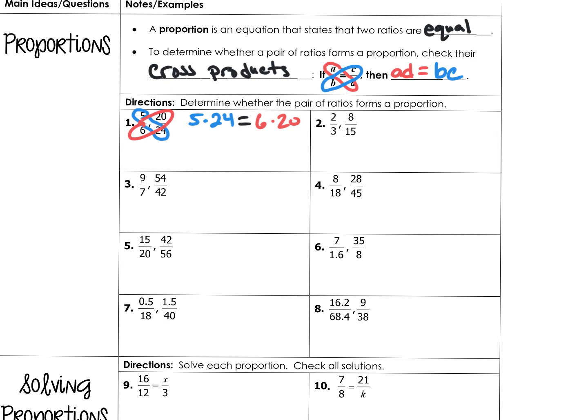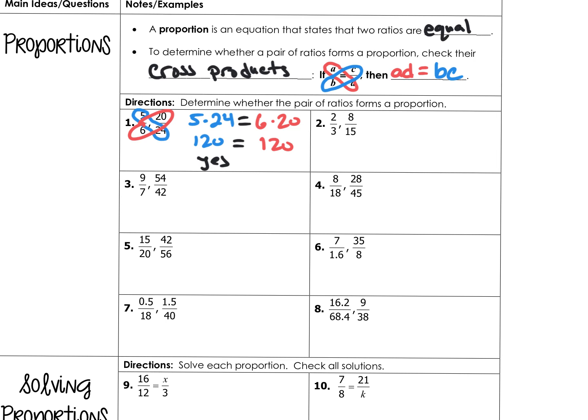Well, 5 times 24 is 120, and 6 times 20 is also 120. And since 120 is equal to 120, we know that this is, yes, a proportional relationship. Now, could you also compare the rates or constants of proportionality and do 5 divided by 6 and 20 divided by 24? Yes, but this is just simply another strategy.